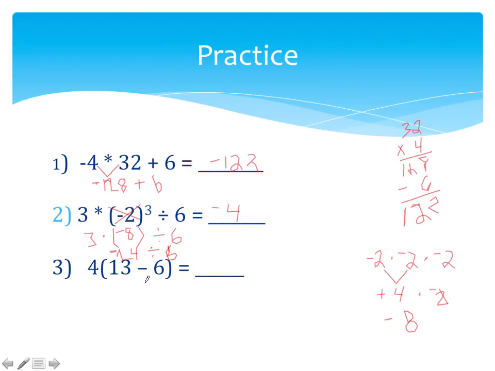Last one. Again, I'm going to look for parentheses first. I do have parentheses, and I actually have parentheses which I can simplify. So I need to simplify this first. So 13 minus 6 gives me 7. Okay, I'm going to keep it in parentheses, and then I'm going to bring down this 4 on the outside.